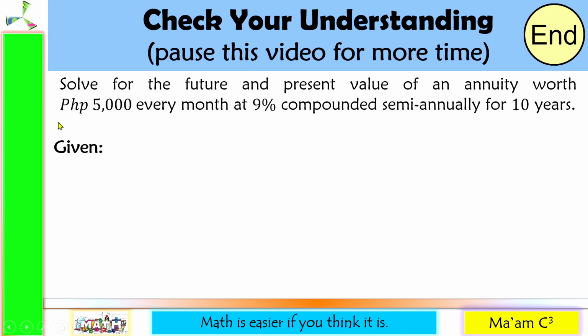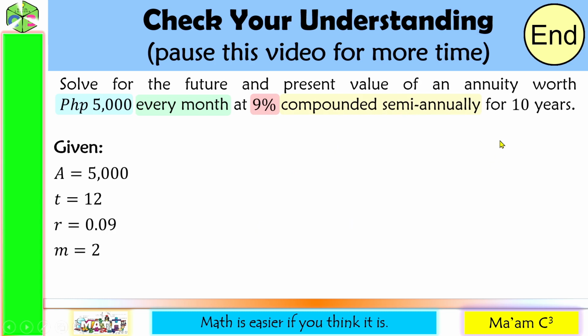First, we have 5,000 pesos. This is our annuity, and this is done every month, 12 months in a year, so the frequency t is equal to 12. At 9%, this is the nominal rate, 0.09. Compounded semi-annually, our m is equal to 2. For 10 years, this is the term of the annuity, n is equal to 10.